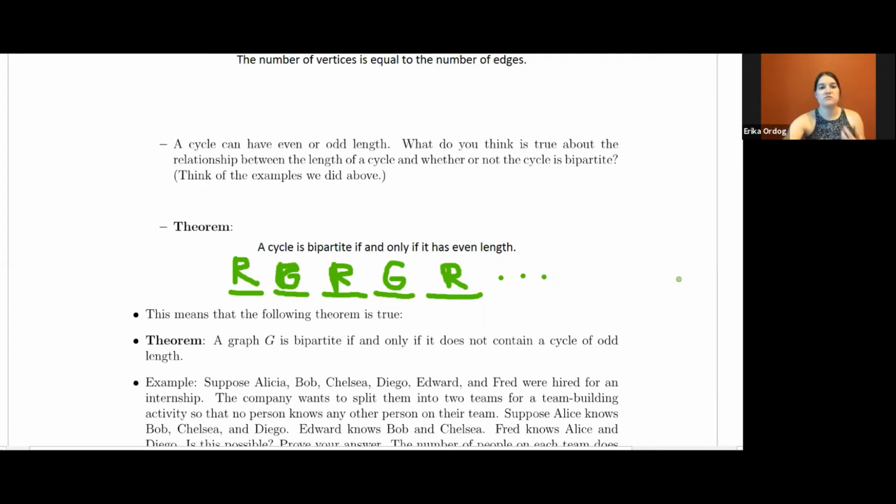And this will be a two coloring of the graph if and only if the last letter or color that we write down is different from the first one. And that will happen if and only if this has even length, the sequence of colors we're writing down. And it's the same as the number of vertices. So that tells us the cycle is bipartite if and only if it has even length.